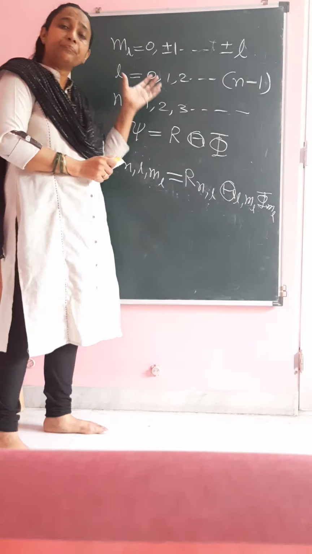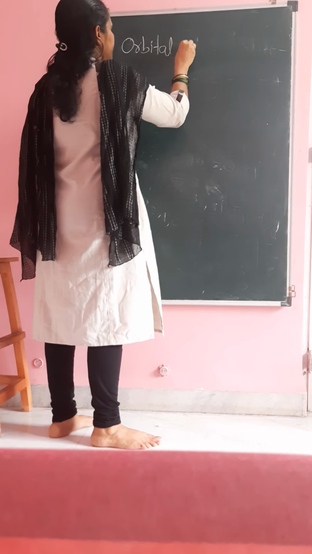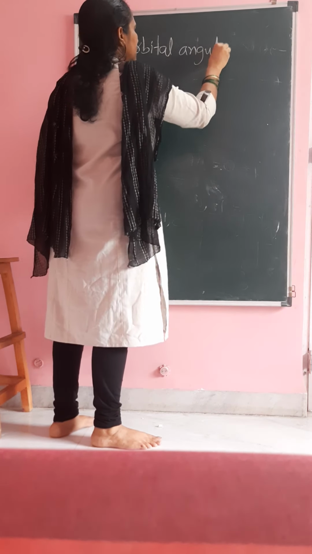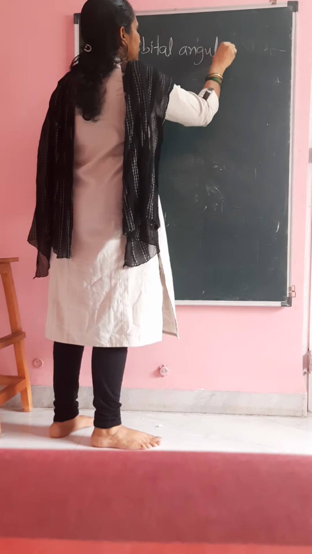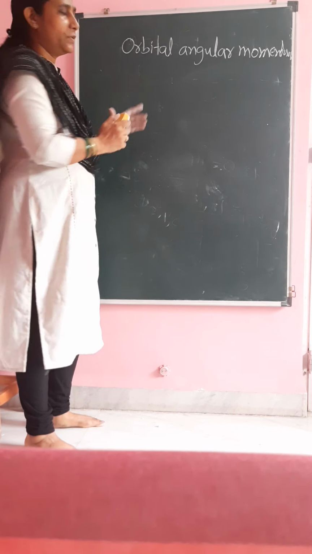Now we are going to find the magnitude of the orbital angular momentum. You know that the orbital angular momentum is L, but for finding that we will be using the R equation. You already have the three equations, so you have to go back to the R equation, but I'll write down the equation first.